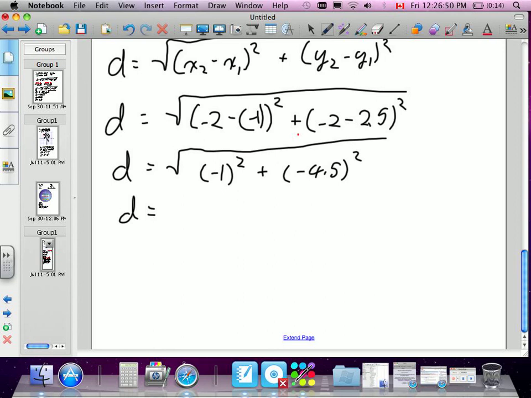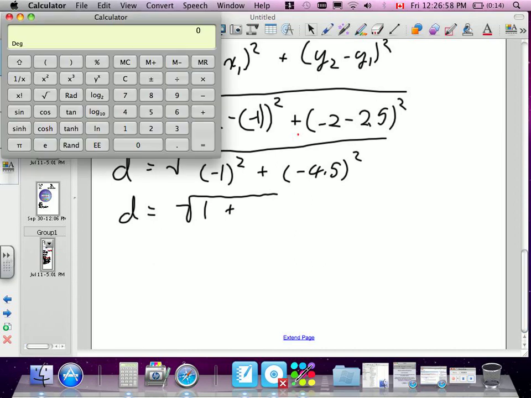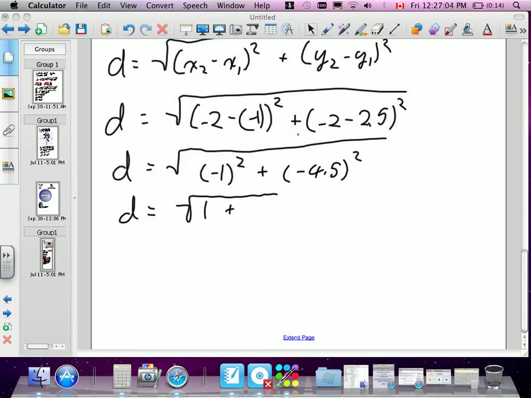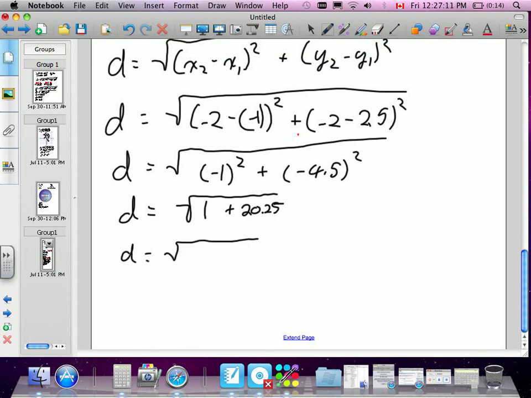We have the root of 1 plus negative 4.5 times negative 4.5, which is 4.5 squared, 20.25. We add those two numbers together: 21.25. We're finding the root of this number.